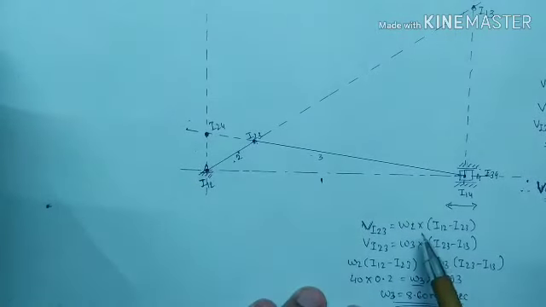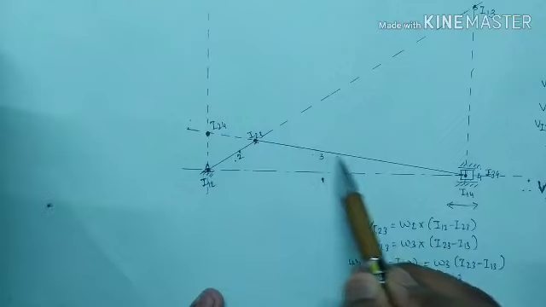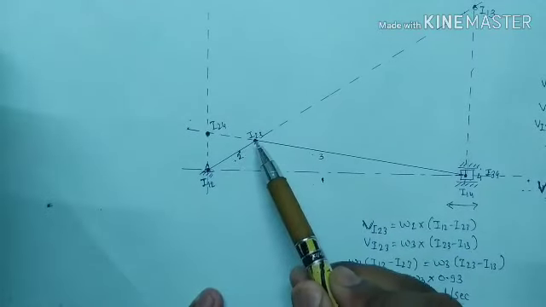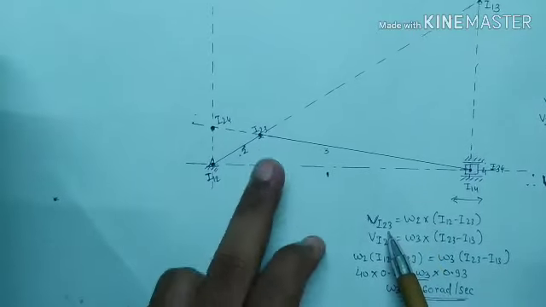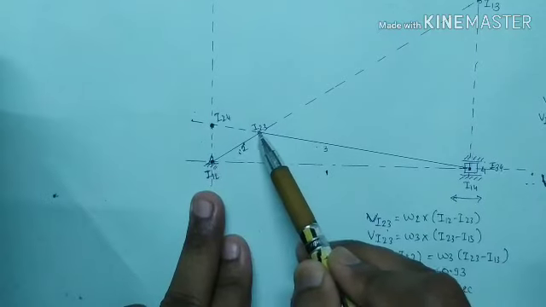The most important thing to note is that the link point I23 lies on both link 2 and link 3. When we consider link 2, the velocity of I23 will be omega 2 into the distance of this particular crank link.